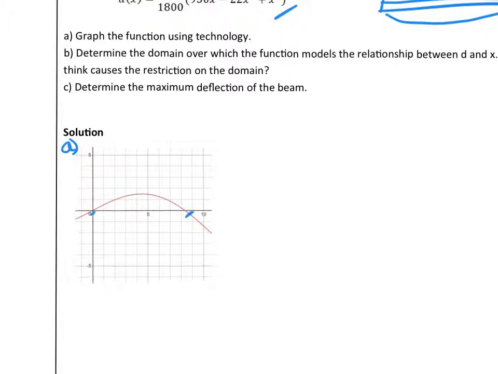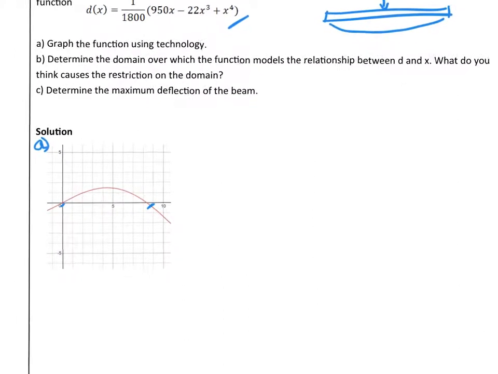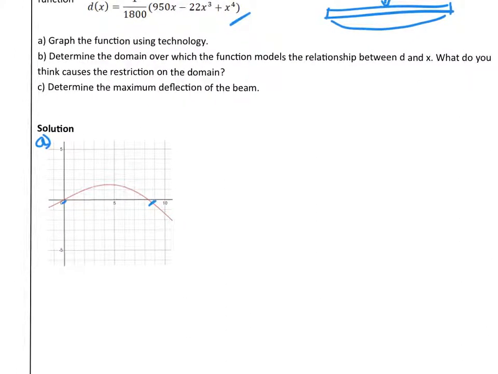B says determine the domain over which the function models the relationship between d and x. What do you think causes the restriction on the domain? In this case, because we're thinking about how much it sags, it makes sense that it's only going to be a positive value, and it's not going to be negative because it's not going to sag in a negative direction.